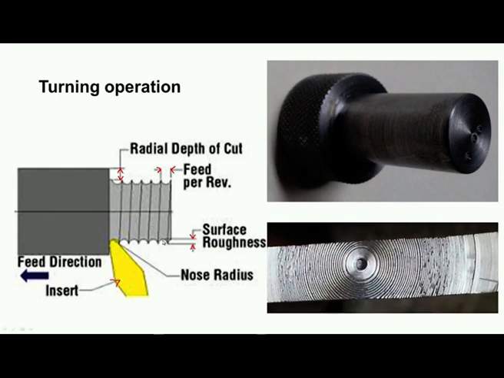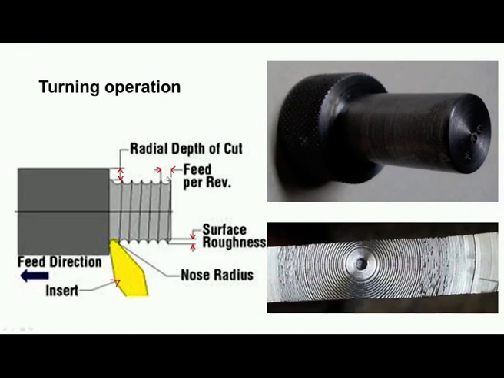We get concave shapes like this. This gap, the distance between peak and valley, is known as the surface roughness. This is the radial depth of cut, and this is the feed rate per revolution.